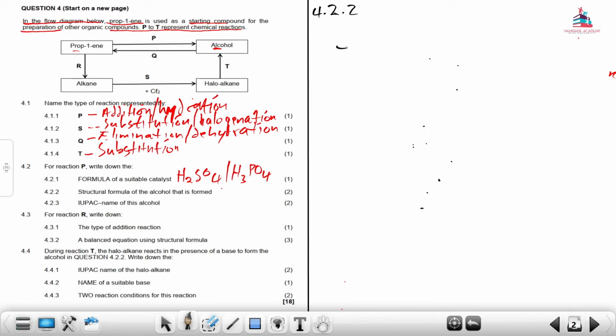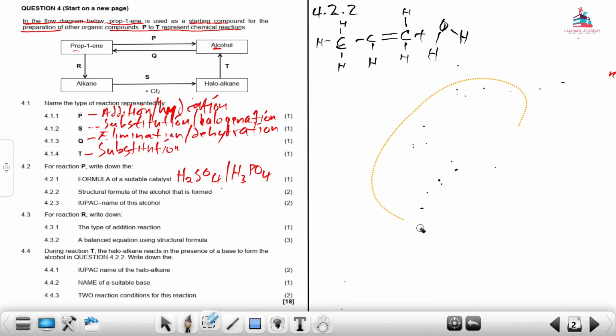So I'm going to draw prop-1-ene, and then add now H2O.